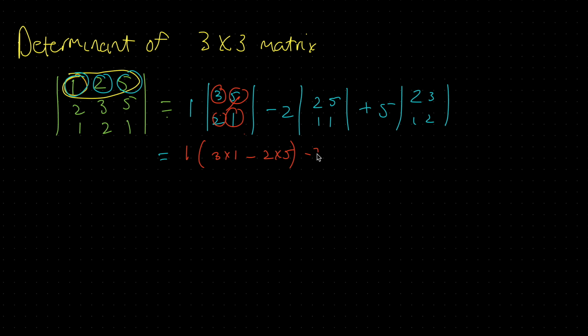And the same for the second item, we take 2 times 1, and we subtract 1 multiplied by 5. And then the last item is 5, and we do 2 times 2, and we subtract 1 times 3.